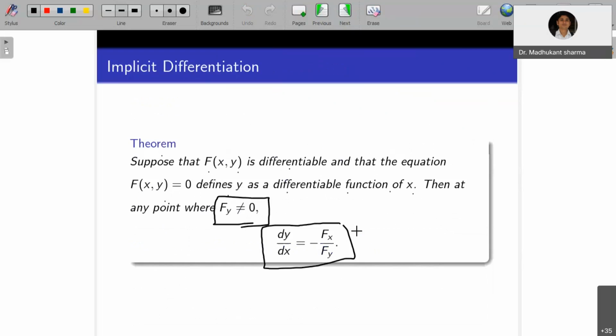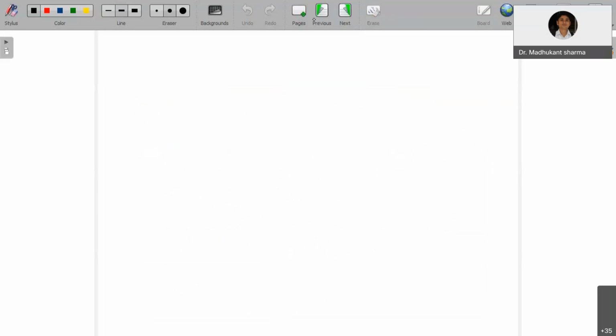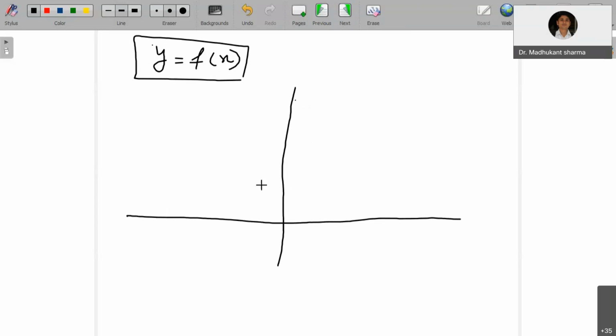Now, see, in the case of a function of a single variable, y equals f of x, we have talked about the maxima and minima of a function of a single variable. In the xy plane, particularly what we were looking for is a curve y equals f of x, and more particularly we are looking for the local maximum and local minimum.